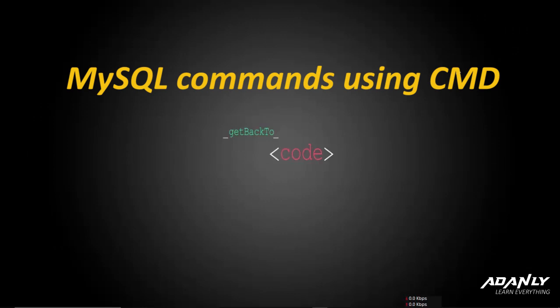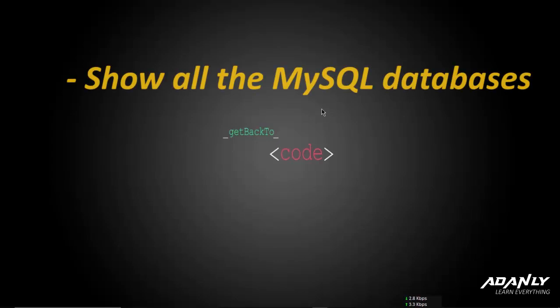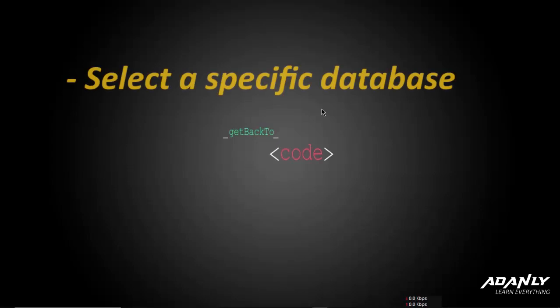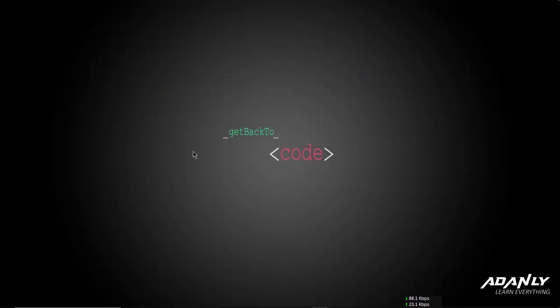In the previous tutorial, I taught you how to connect to MySQL database using CMD, how to open all the data, show all the databases that you have created in your computer, how to select a specific database, how to show all the tables in that database, how to select a single table in that database, and how to exit from your server.